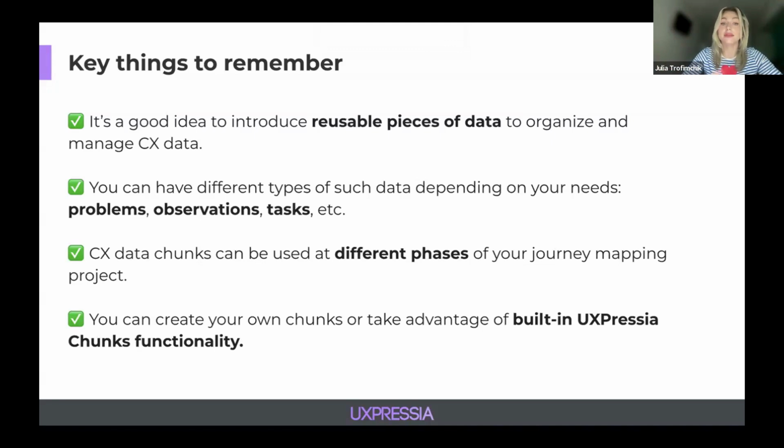You can create different types of such data, like problems, observations, tasks, ideas, and hypotheses. We also discussed that you can use chunks at any stage of your journey mapping project, and you can either create chunks from scratch in your maps and personas or reuse them and take advantage of this built-in chunks functionality. So yeah, that's pretty much it.